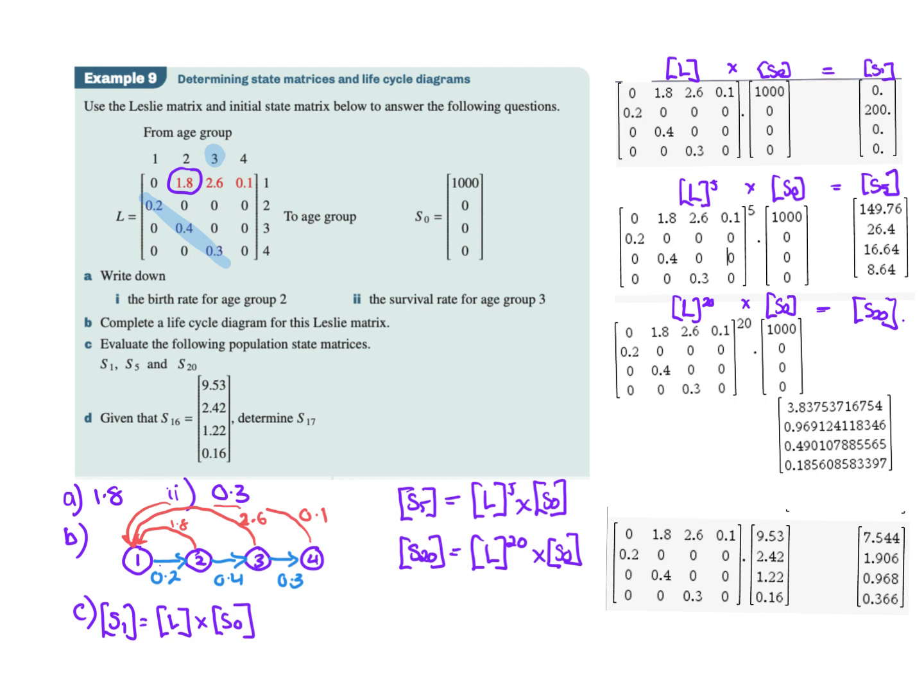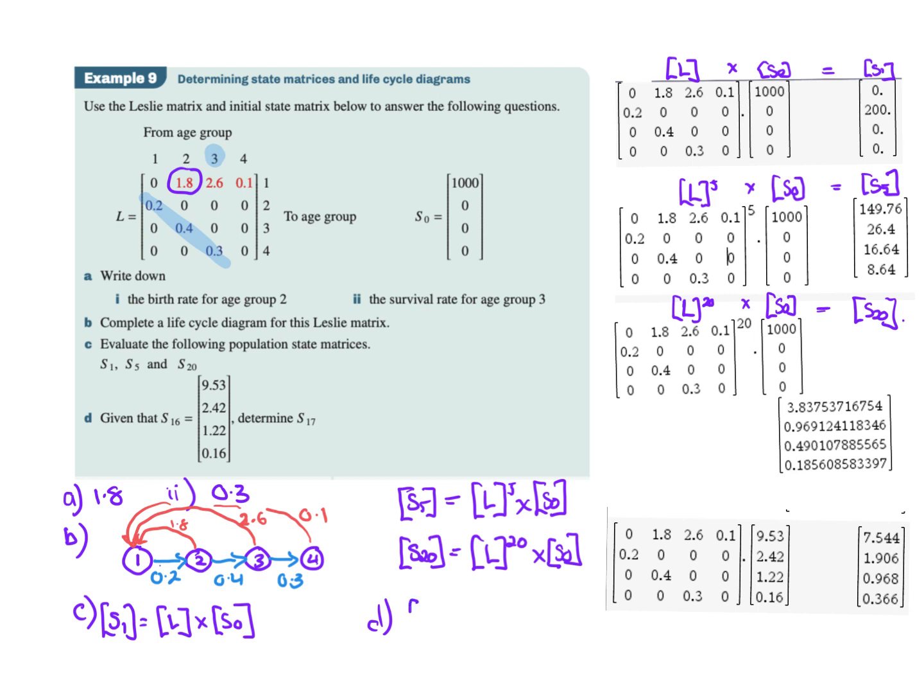So the last question, D, for this part, they gave you state 16, and it says determine state 17. So you have to use what they gave you. Don't go and use the original. Because the question is telling you to use that 16, you must use it.